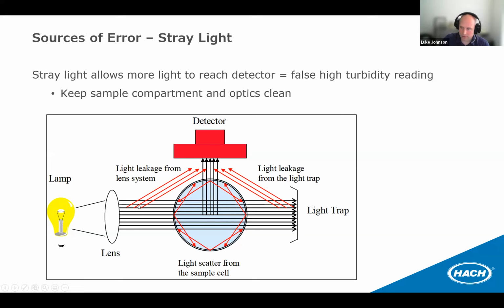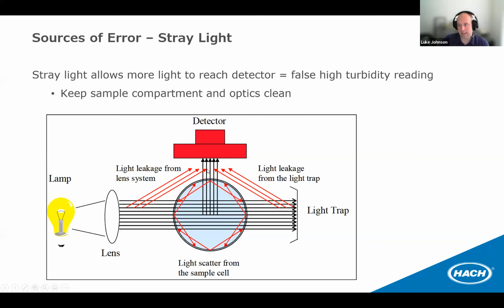If it's out of focus, or if there's something on the lens, some dust or dirt or something like that, it can cause reflection directly from the lens to the detector. Or maybe light reflecting back from somewhere else within the instrument, the light trap here, or any of the other path length of the light shining back towards the detector. All of that will be read as turbidity, even though it's not turbidity.